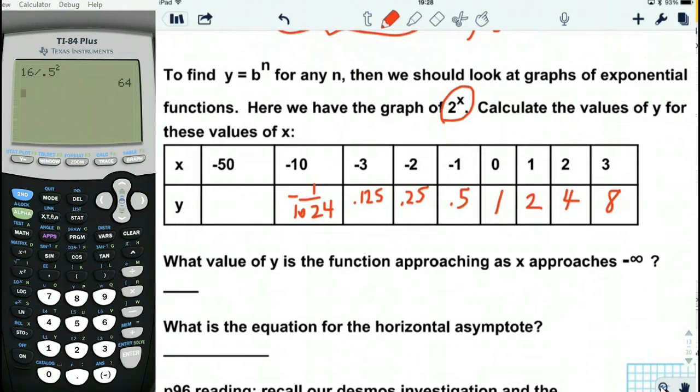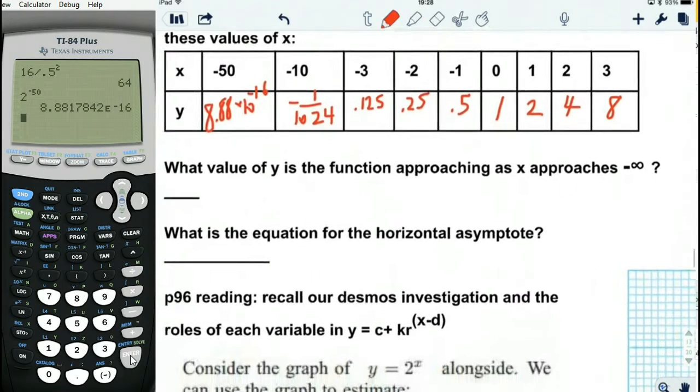I don't know what the decimal representation of that is. 2 to the negative 50, we can just calculate it here. Wow, that's tiny, huh? 8.88 times 10 to the negative 16.